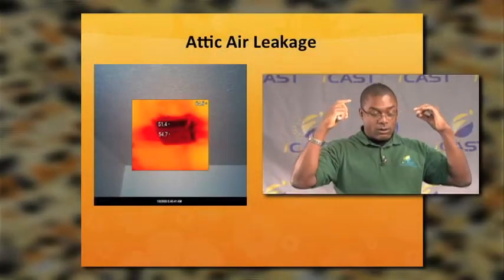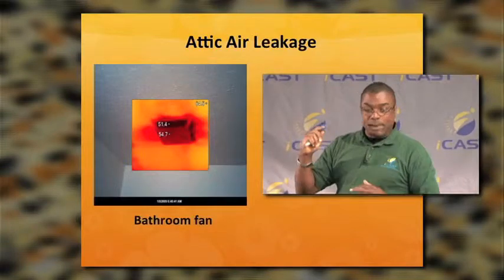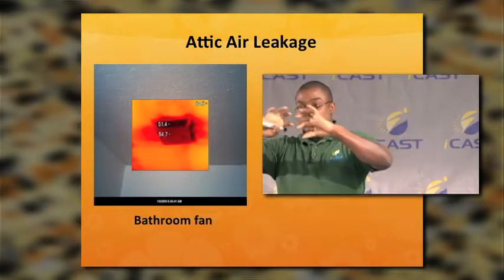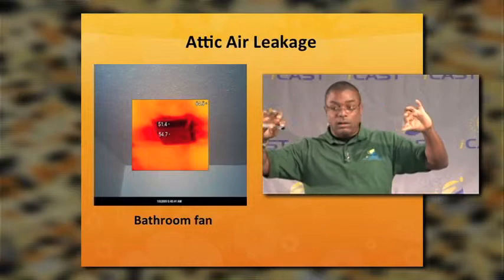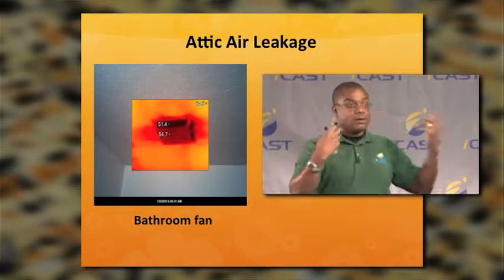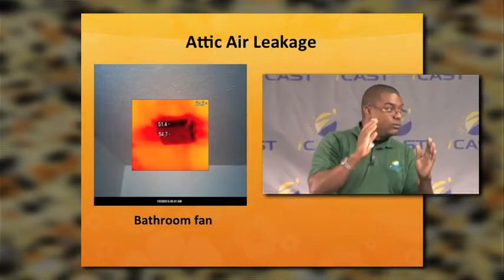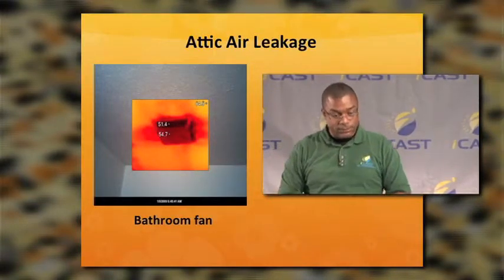If we take a look at air leakage, especially at the ceiling line, in this picture we've got our blower door running and we have our infrared camera fired up and looking at a bath vent. We can see the streaking coming from the bath vent, and that shows us that we have air infiltration coming in because that bath vent isn't sealed really well at the ceiling line.